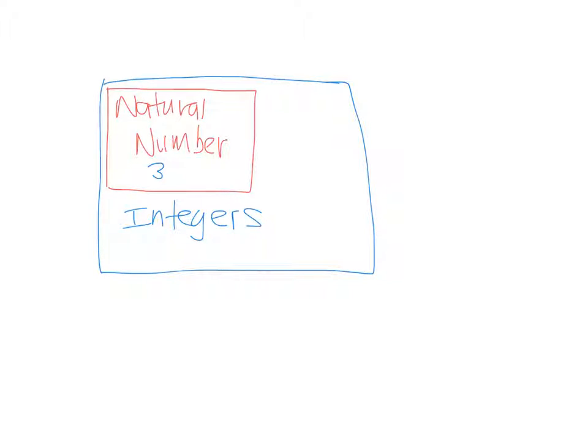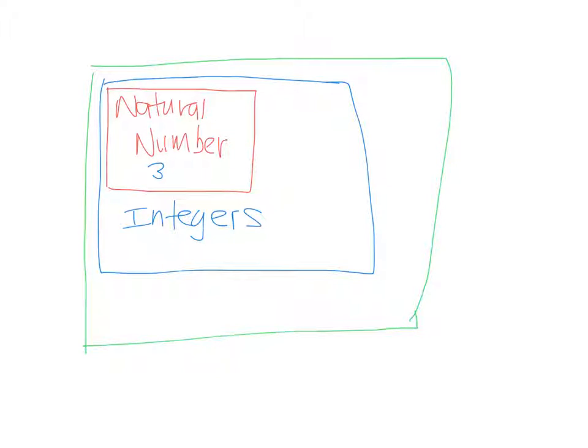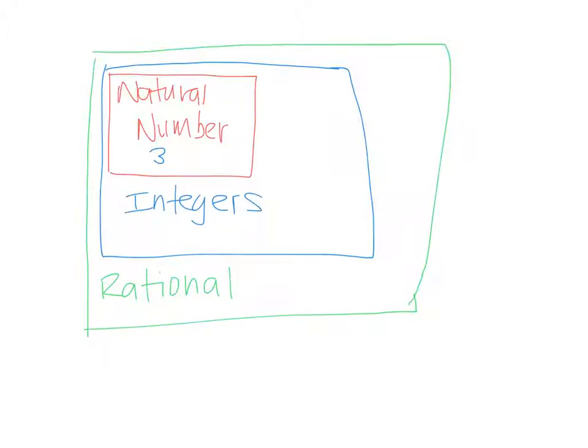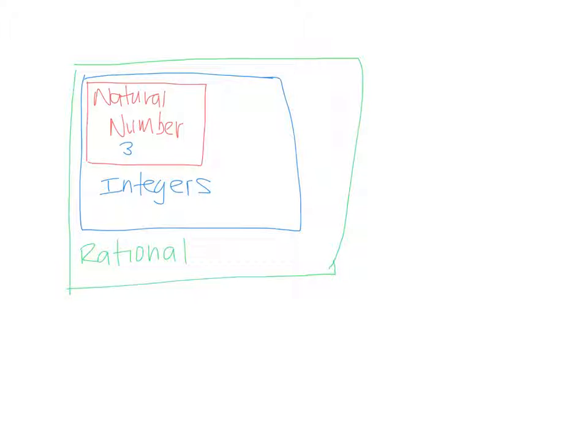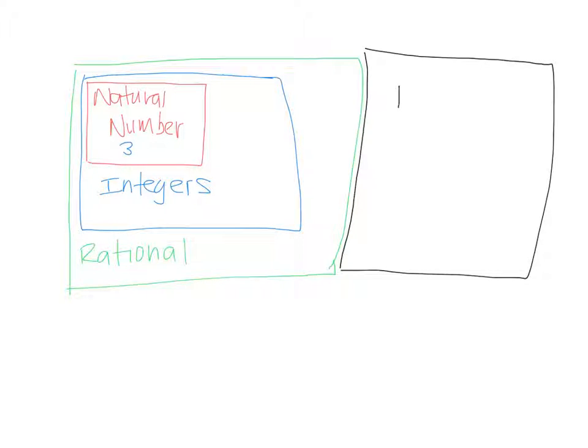Then the set that includes those plus other numbers is rational numbers. Make that a little smaller. Now, sitting next to the rational numbers, but not overlapping with them, is the set of irrational numbers.